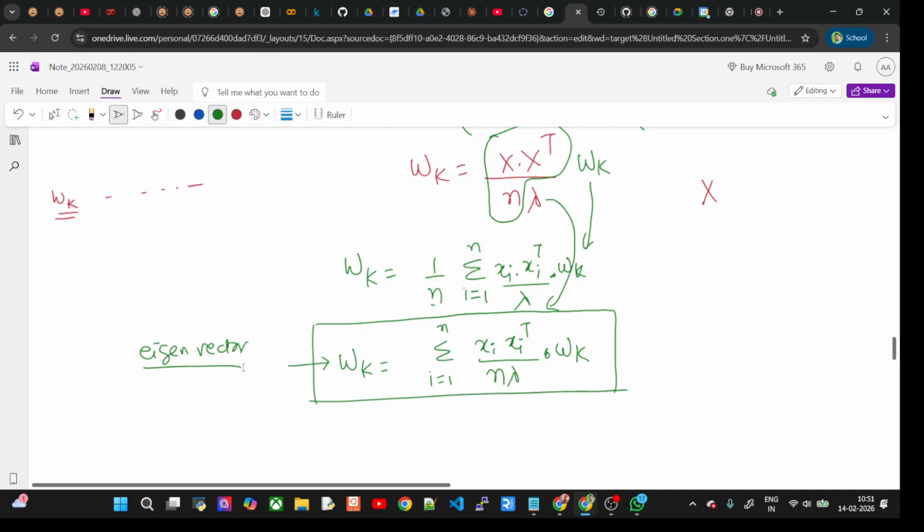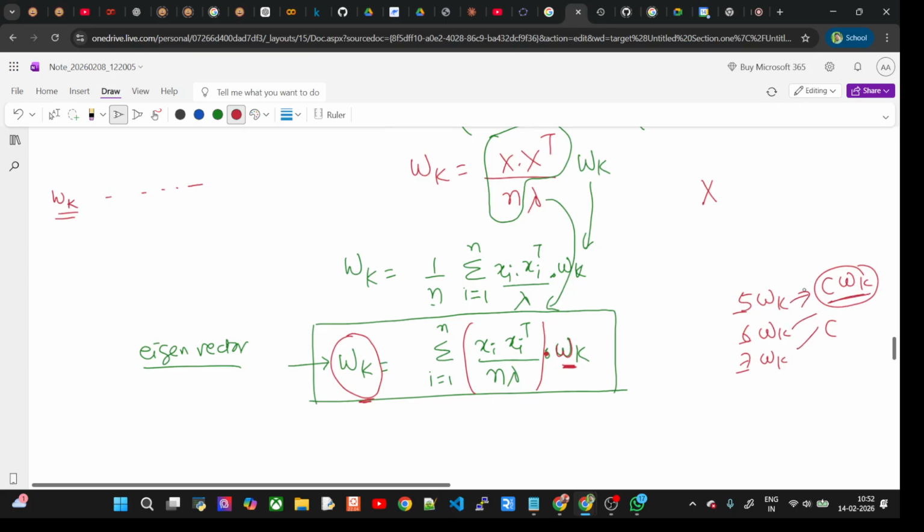If you want to calculate this wk, see, xi into xi transpose divided by n lambda is some constant times wk. So you are just scaling the wk with some constant, like 5 into wk or 6 into wk or 7 into wk, multiplying with the wk like c wk.